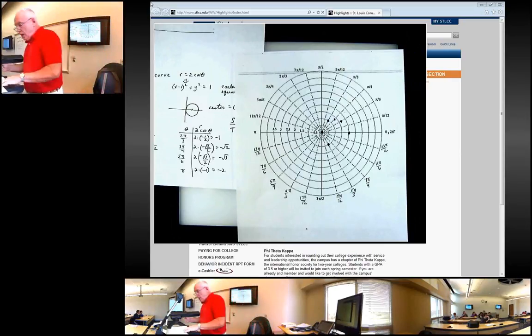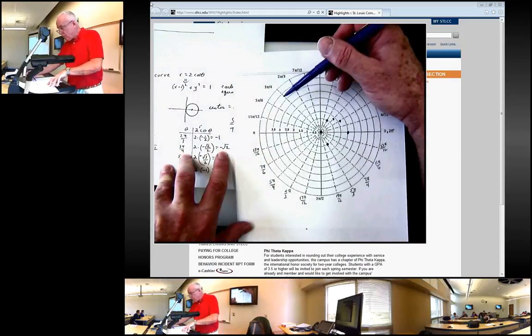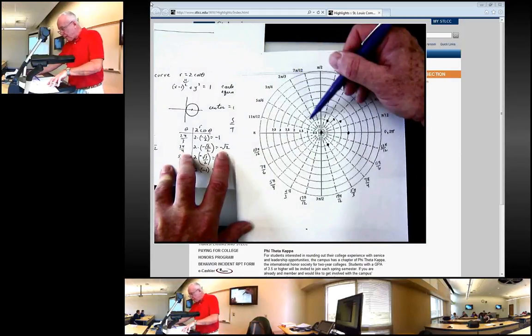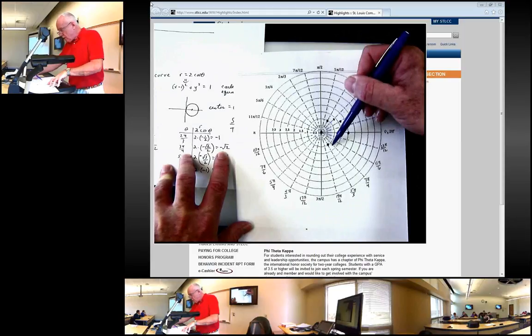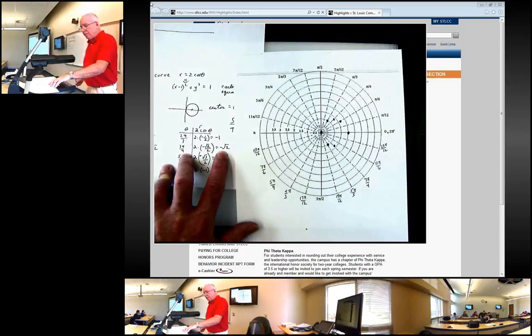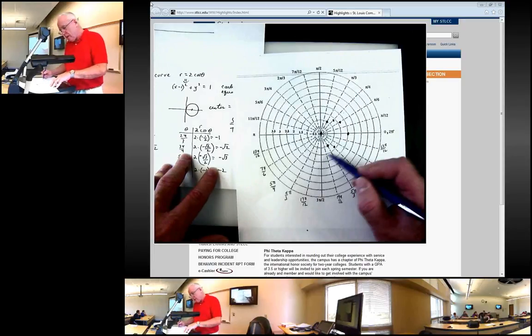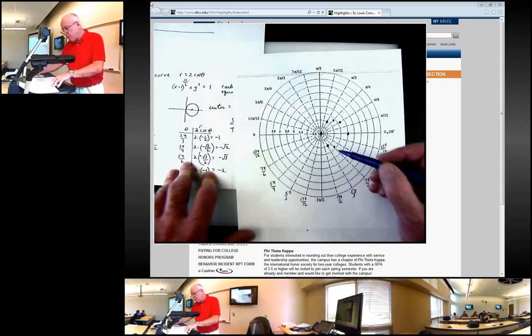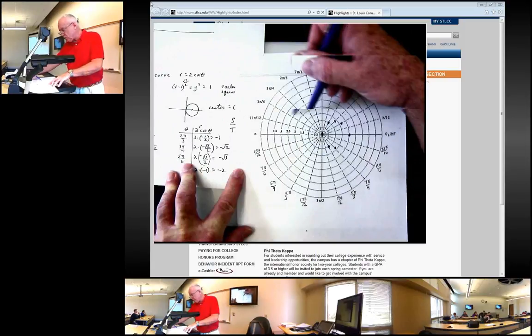Okay. And then when we're at 3/4 pi, we're at -√2. So here's 3/4 pi, go down, and this is 1. 1.5 is there, so it'll be roughly on the inside there of that 1.5. Is that right? Okay. And then when we're at 5 pi over 6, which is this ray right here, we're going to have a -√3.